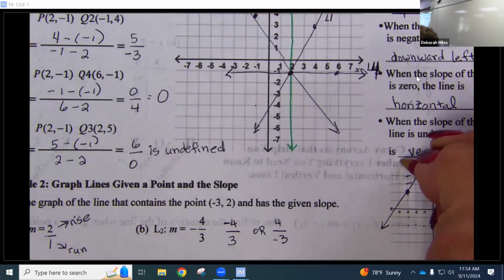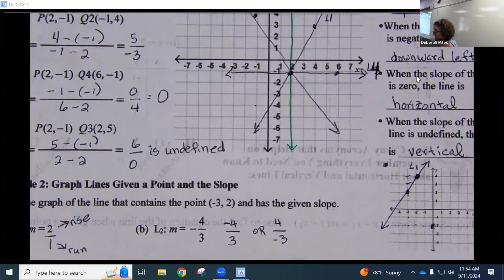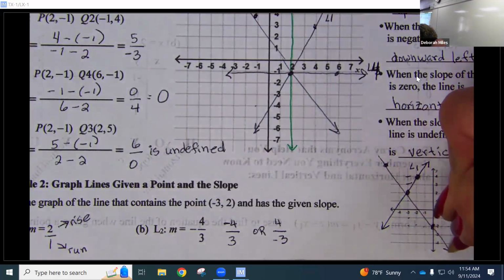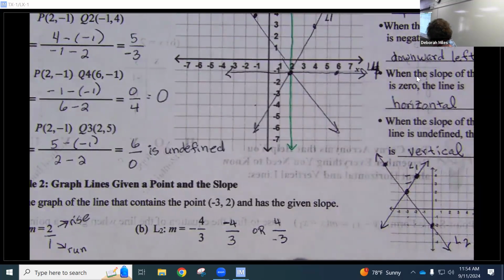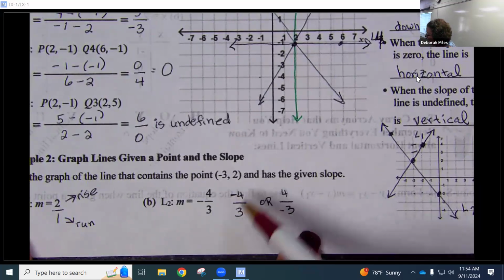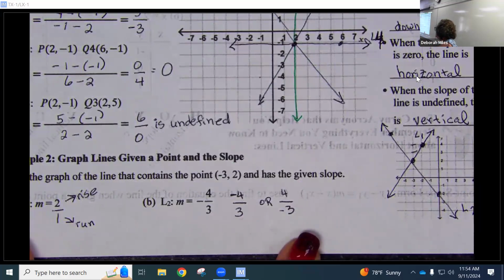And to the left 3. So yeah, I would get the same line. That's my line 2. Whether I went down and to the right or I went up and to the left, I would get the same line. I would just get a different and wrong answer if I had gone down and to the left.